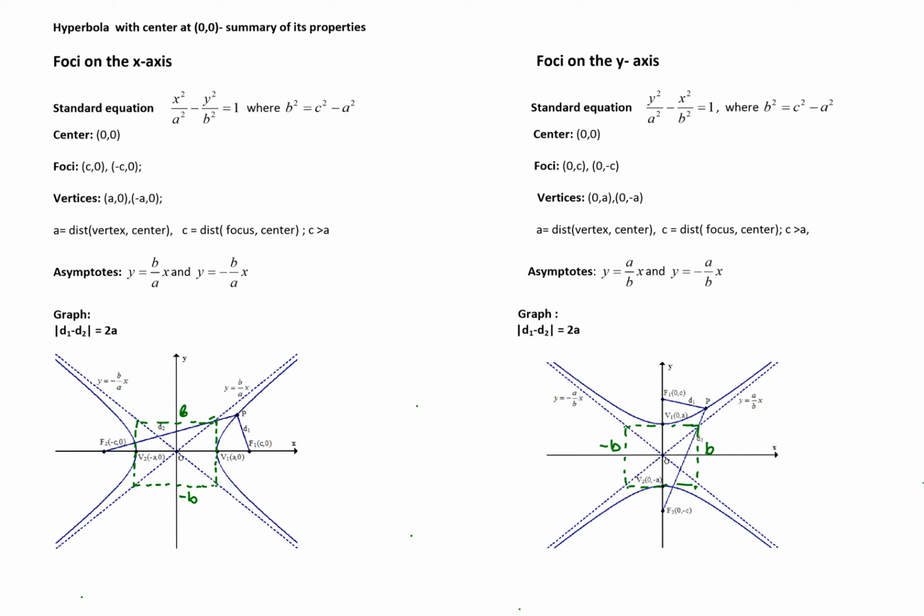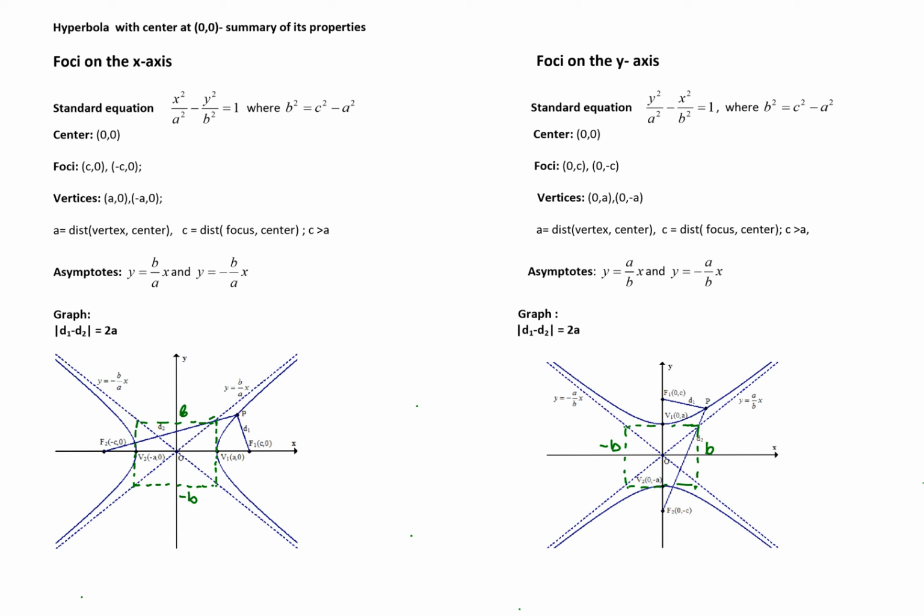This hyperbola also has asymptotes, and those asymptotes are obtained in exactly the same way, by drawing an extension of the diagonals of the rectangle that is formed by drawing the sides that go through a and negative a on the y-axis and b and negative b on the x-axis, and having sides that are parallel to the x-axis and the y-axis.